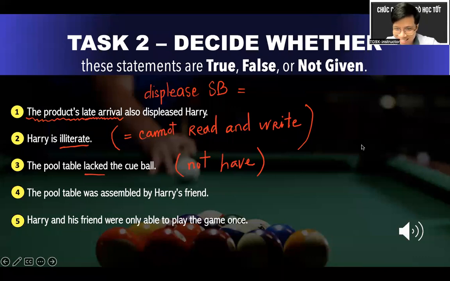I heard they said that they just played a single game before the pool table had a problem. This means that before it broke down, they only had one game. But I'm not sure, so you choose not given.